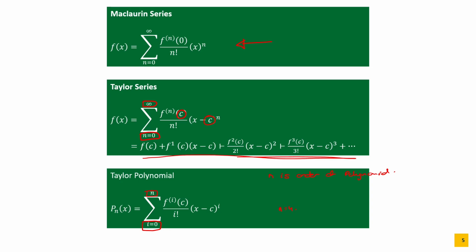So Taylor's polynomial has an order: first, second, third, fourth, fifth, sixth, 27th, whatever. But it does have a stopping point, whereas Taylor's series is infinite. Obviously, we can't work out Taylor's series because it's infinite, but we can work out Taylor's polynomial.